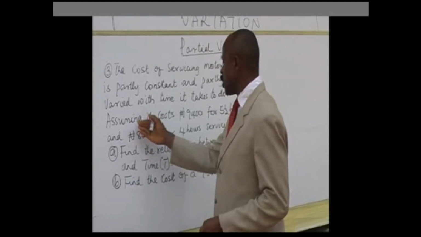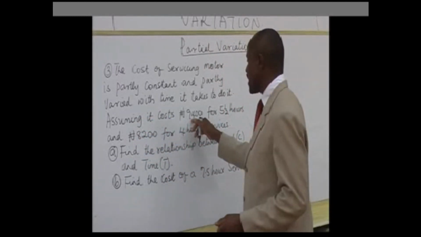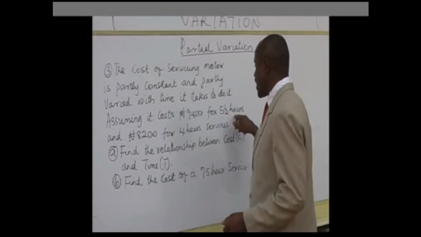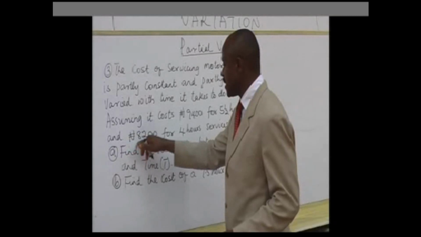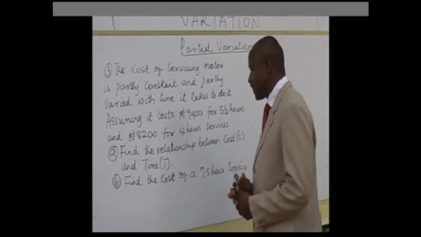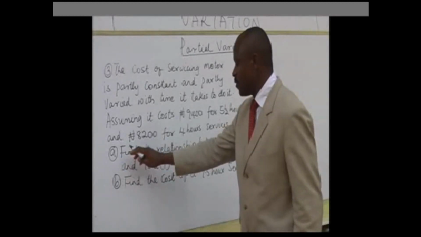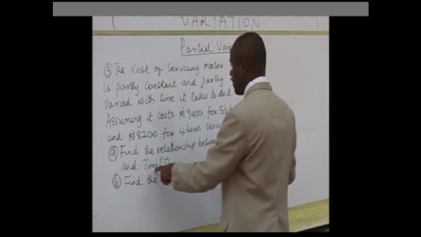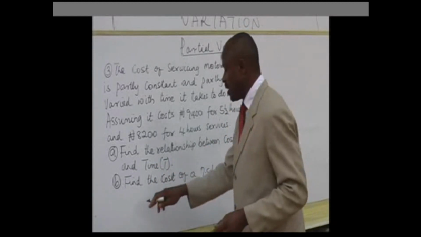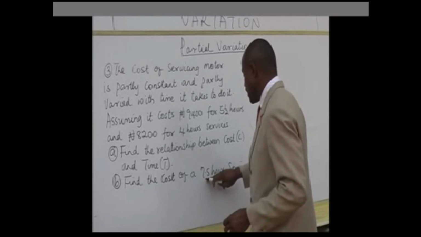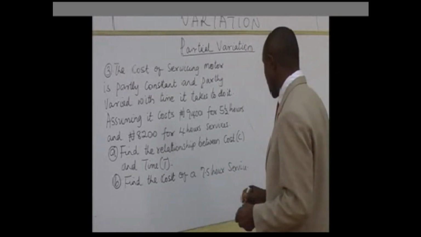The question said, assuming it costs 9,400 for a 5.5 hour service and 8,200 for a 4-hour service. A, we should find the relationship between costs, C, and time, T. B, that we should find the cost of a 7.5 hour service.